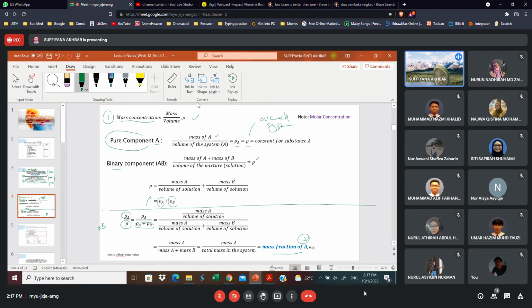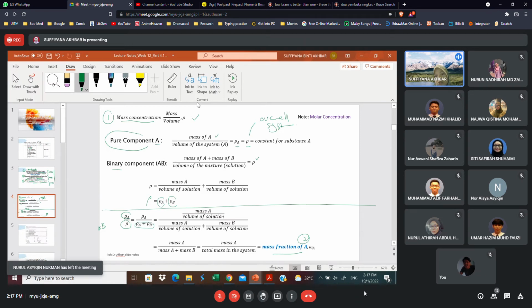We can change density A to mass A over volume of solution, similar for density B. Finally, we can cancel out the volume. So we get mass A over mass A plus B, and mass A plus B basically is the total mass in the system. So the mass fraction of component A is equal to mass A divided by the total mass in the system. Okay, basically the mass concentration and mass fraction you have learned before. I just refresh back. Okay.